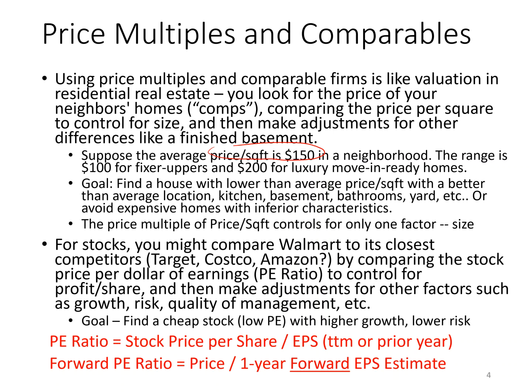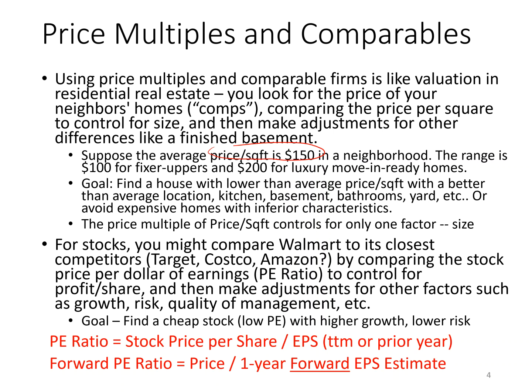Now, using these price multiples, also called relative value analysis and comparables, your goal would be to find a house with a lower than average price per square foot with better than average kitchen or location or basement or bathrooms or whatever.